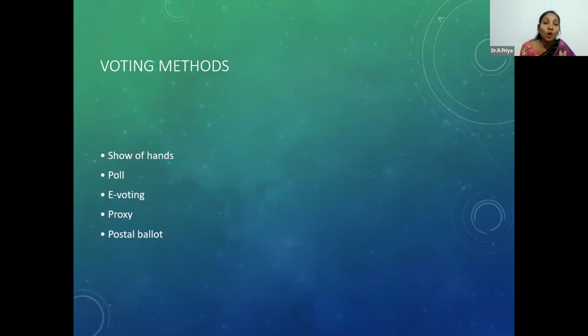The proxy does not have the right to speak unless allowed. For example, actual members have their right to speak, with no need to get any approval. But a proxy cannot speak until they get approval. So this ensures representation without physical presence.